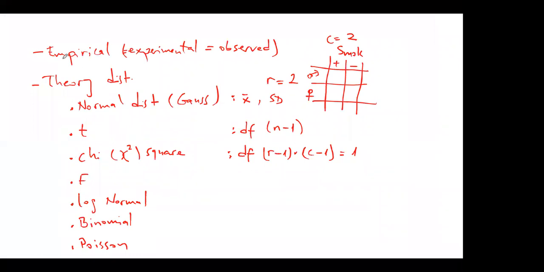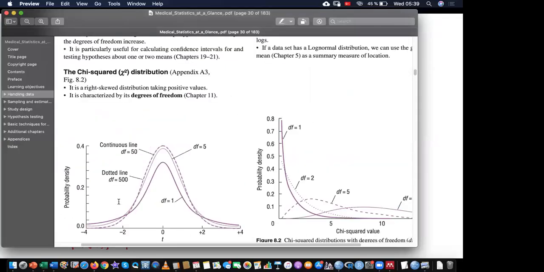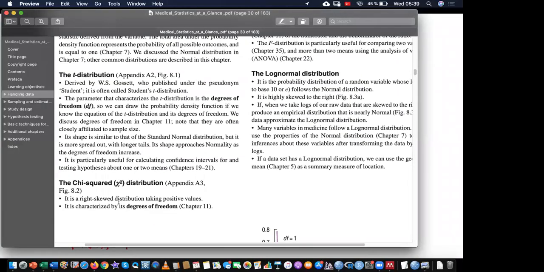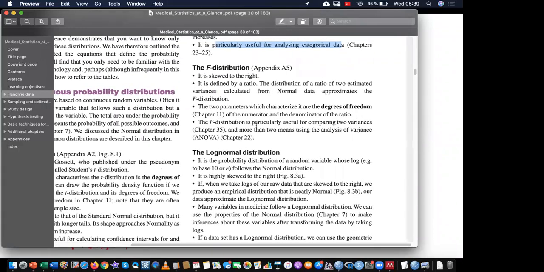The F distribution is a proportion. Let us read about the F distribution from the book. Where is F here? It is skewed to the right. It's defined by a ratio. It is a proportional ratio.